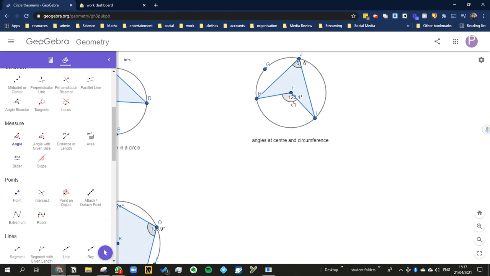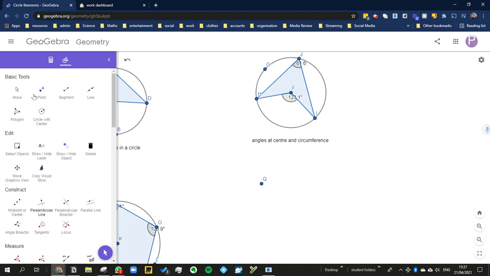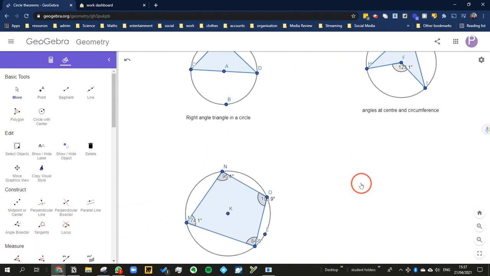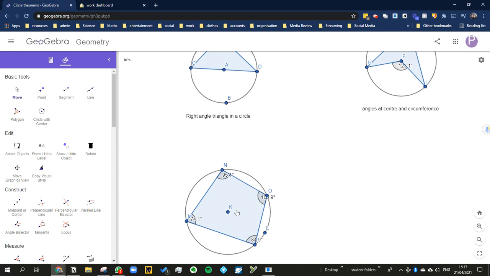Okay, so 123.1 is roughly, it should be exactly double 61.6, but there might be some rounding errors, because we're seeing the answer to one decimal place. Anyway, we're going to use that rule in this situation.